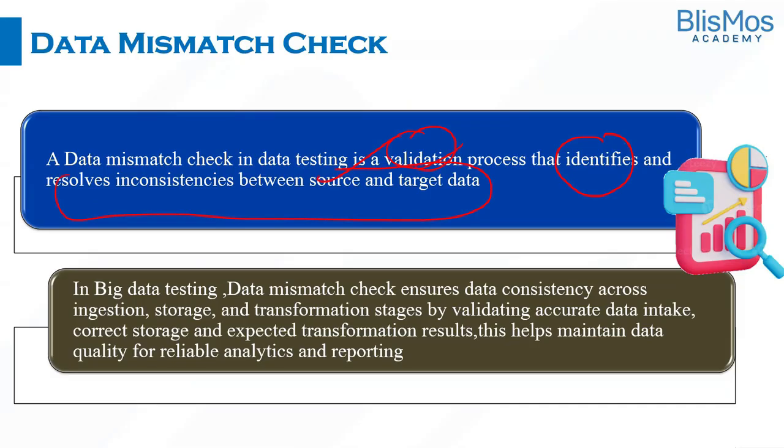By performing the data mismatch check, data consistency across ingestion, storage, and transformation stages is ensured. How are we ensuring the data consistency across these stages? By validating that accurate data is ingested, it is stored at the right place, and all the applicable transformations are applied or validated in data mismatch check.